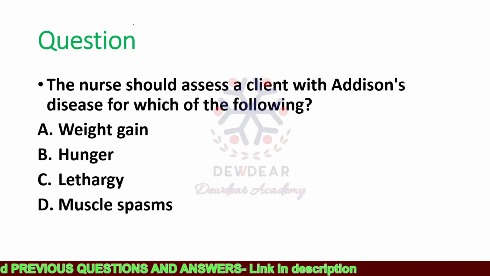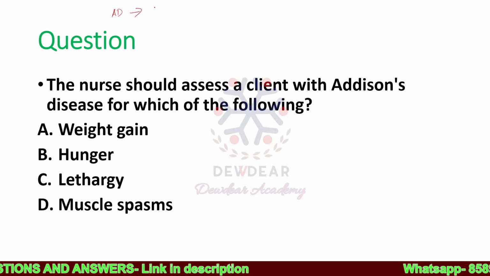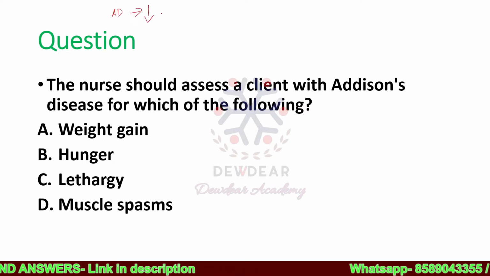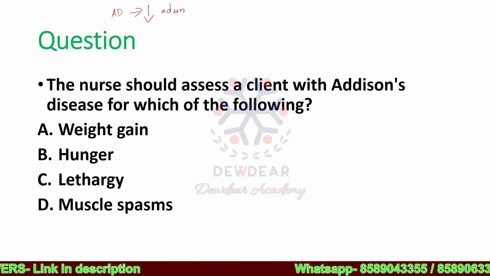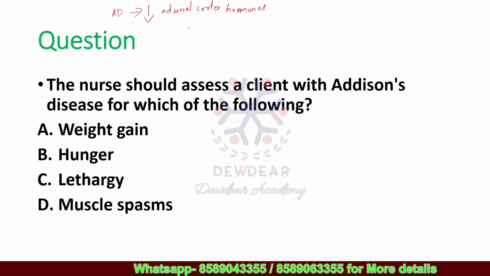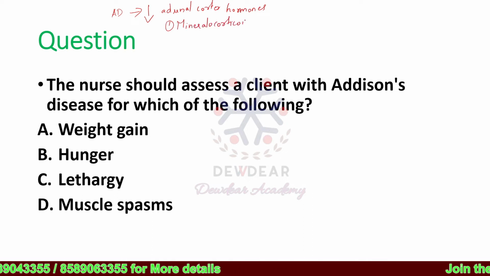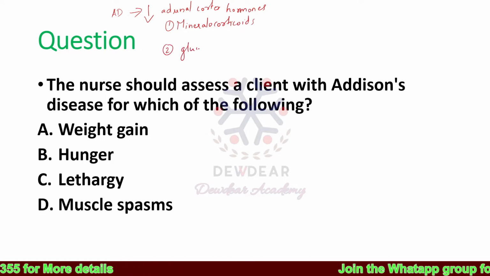Addison's disease means hyposecretion of adrenal cortical hormones. So which are these adrenal cortex hormones? They are mineralocorticoids, first one. Then second is glucocorticoids.